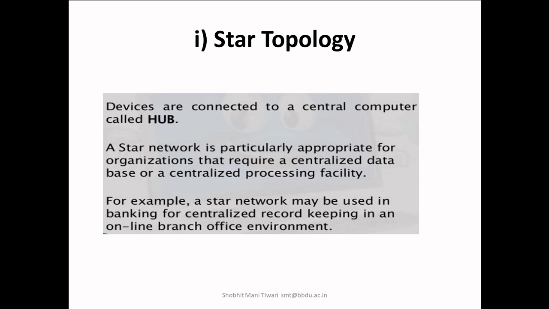For example, a star network may be used in the banking system for centralized recording in an online branch office environment. So these are a few very important points related to star topology.